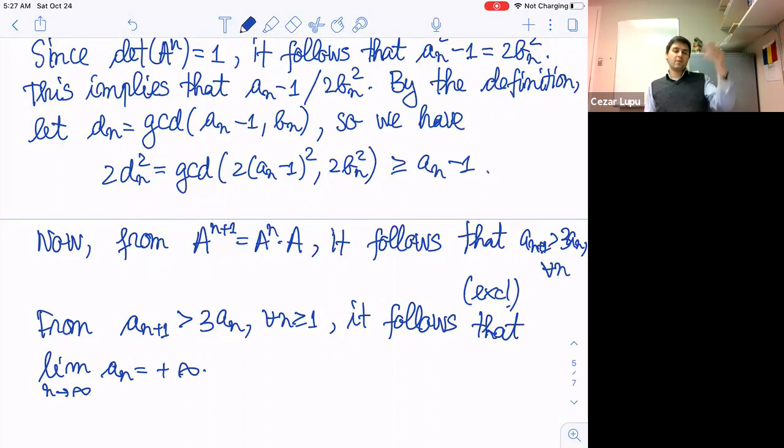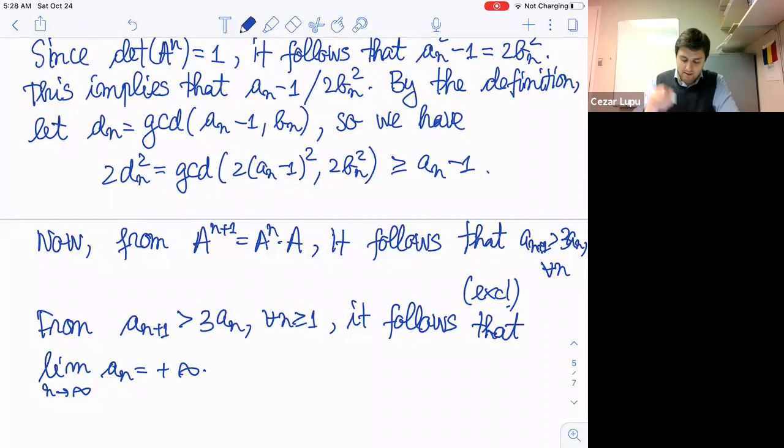This is very easy to see. You just divide a_(n+1) over a_n. You write n equals 1, n equals 2, and so on. You multiply them, they simplify, and then you'll have 3 times 3 squared, 3 cubed, and so on.